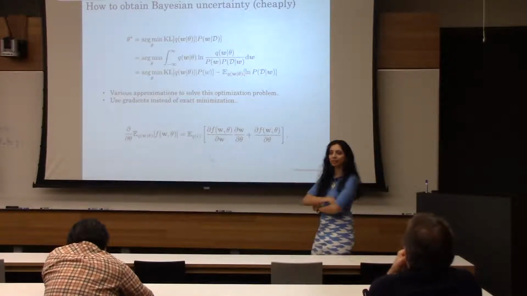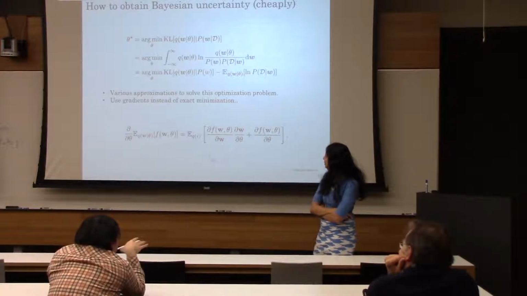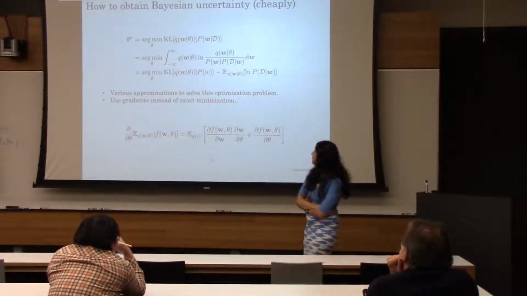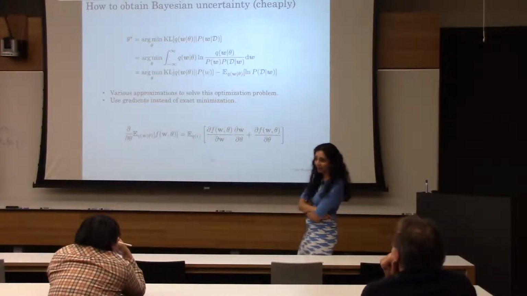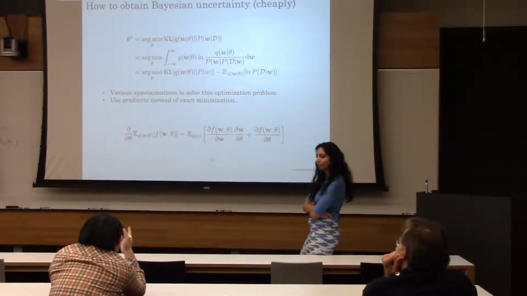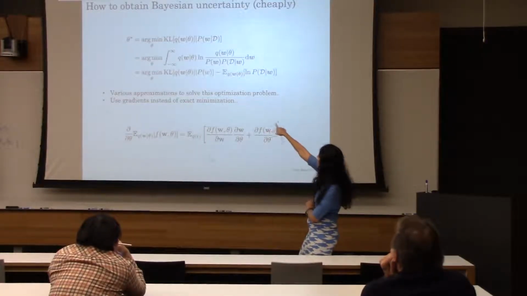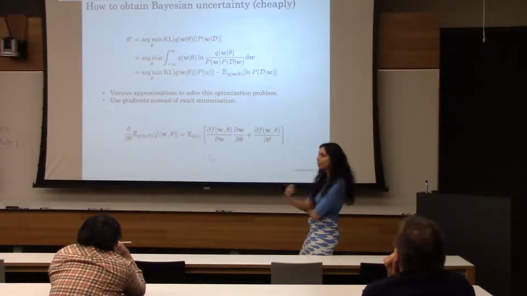Any questions here? So here theta should be dependent on the data set D. Yes, theta star will be dependent on D, because the posterior is dependent on data. And Q should be an approximation of it. But the idea is, it's still efficient to sample.